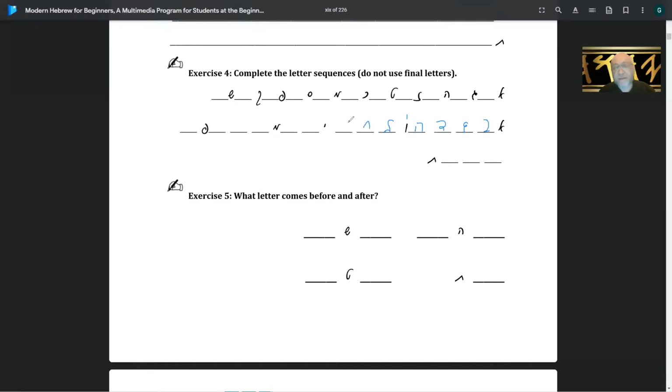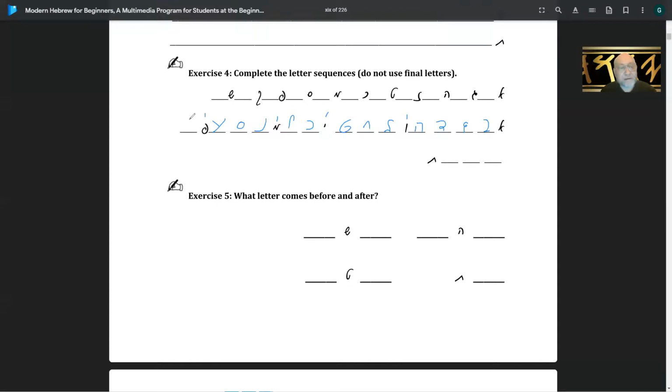Chet. Now we got that Tet, Yod, Chaf, Lamed, Mem looks like a J, Noon, Samek, Ayin, Fe.